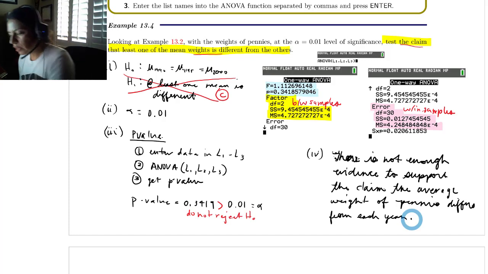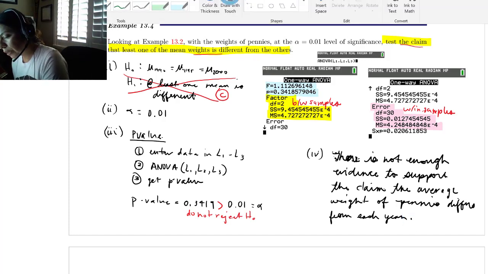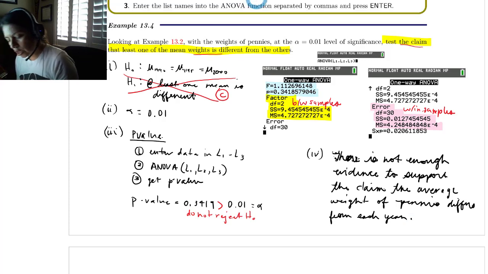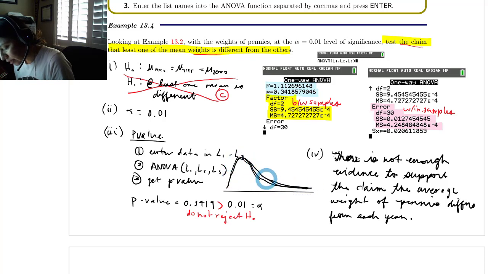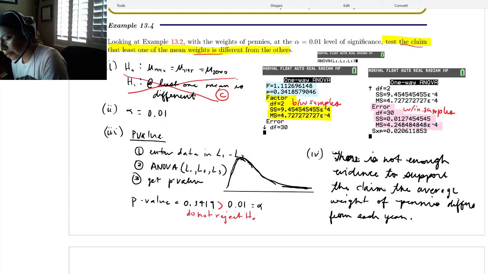Okay, and so in this example, I just kind of want to quickly show you what the graph would look like. So if I had the x-axis here, remember the F distribution is right-tailed. So it looks like this, right? Okay, and so the alpha is 1%, right?